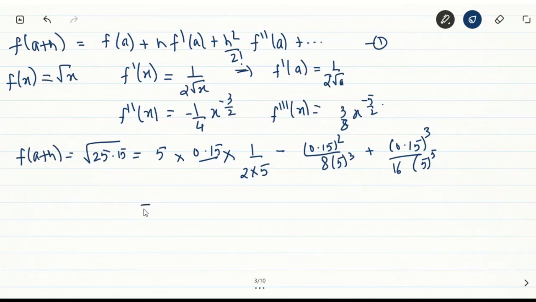Now solving this, we get 5.01478. So under root of 25.15 is equal to 5.01478 approximately.